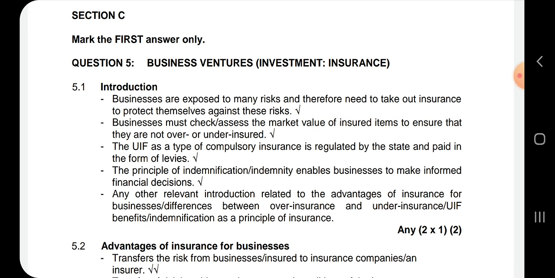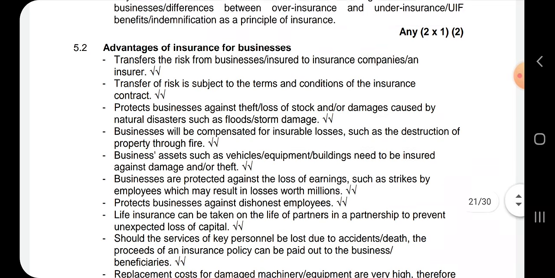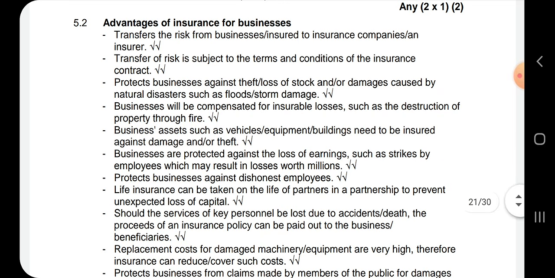Anything under insurance that has been written there, you will get your marks. You explain what insurance is, you talk about under-insured, over-insured, indemnity. Explaining anything under insurance, you will get your marks. Advantages of insurance for businesses, there you have it.